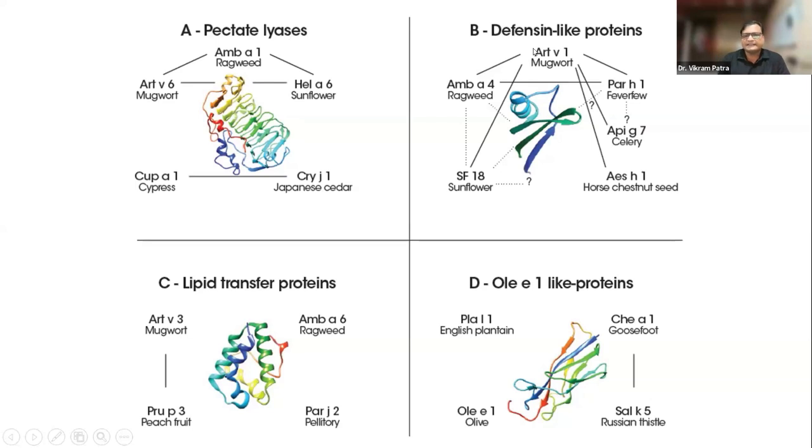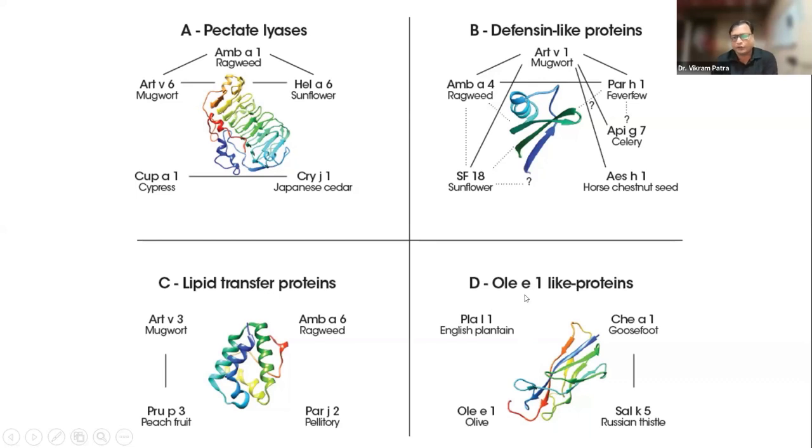So a patient who is sensitized to artemisia will even show positivity on the skin prick test for Parthenium. Then lipid transfer proteins are responsible for cross-reactivity, food syndrome, even anaphylaxis on consuming fruit items. The Art v 3 from mugwort cross-reacts with Pru p 3 from peach fruit, the initiator molecule for the LTP. And Amb a 6 is also a lipid transfer protein.